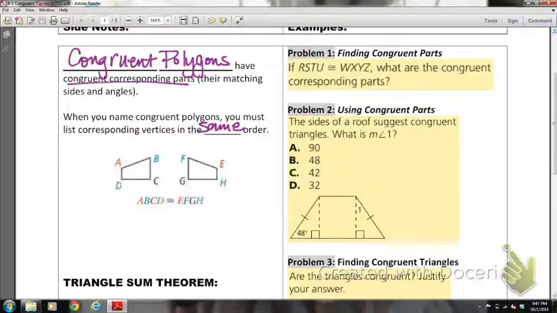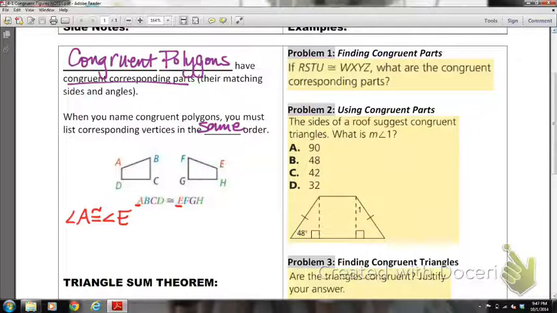So in this particular example, we have angle A is congruent to angle E. So you can tell this just by looking at the name. Look at the corresponding positions of the vertices in the names of the polygons. A and E are in corresponding positions, and they're in corresponding position in the polygons.